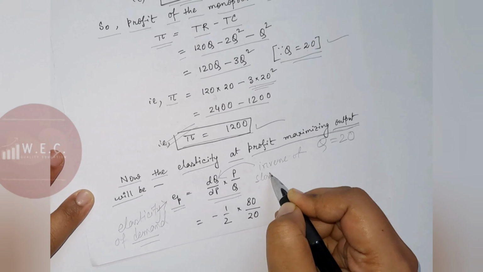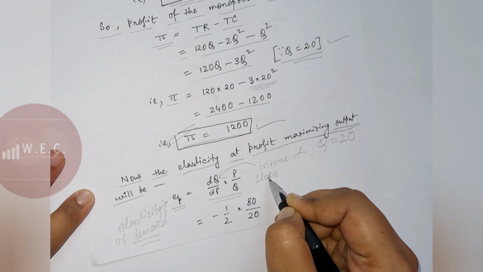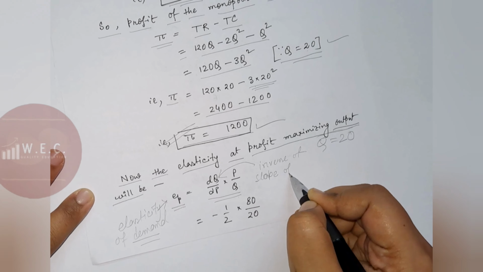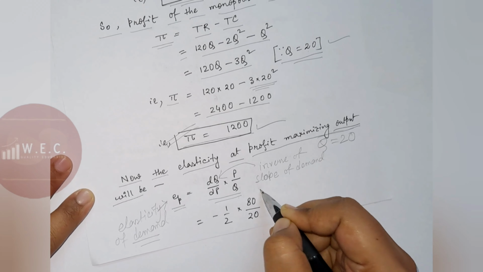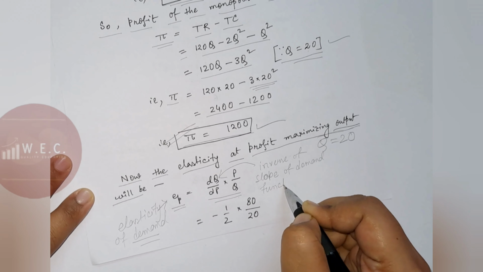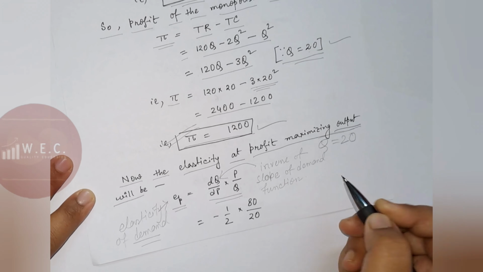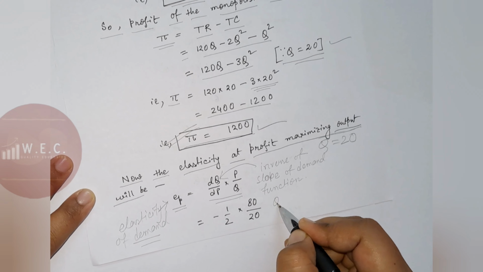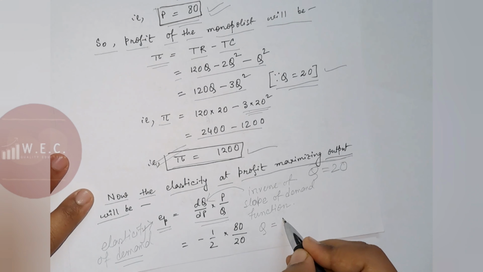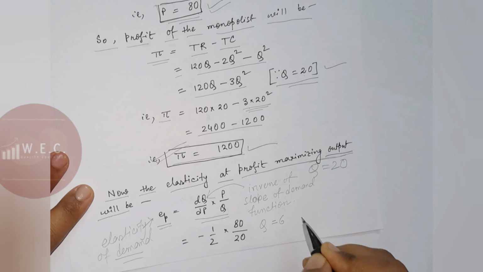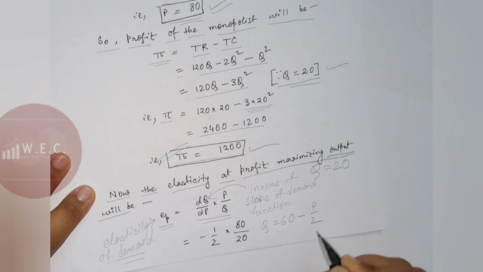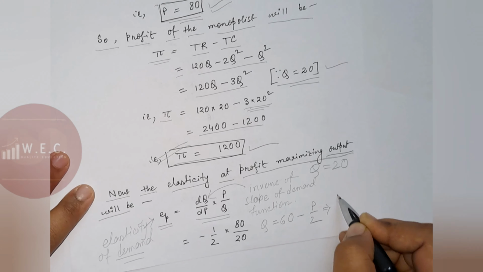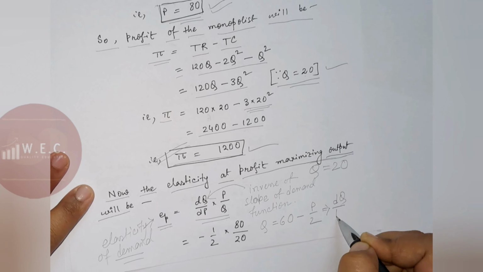Please see the screen. You already know q equals to 60 minus p by 2. If we differentiate it with respect to p, we will get minus half.